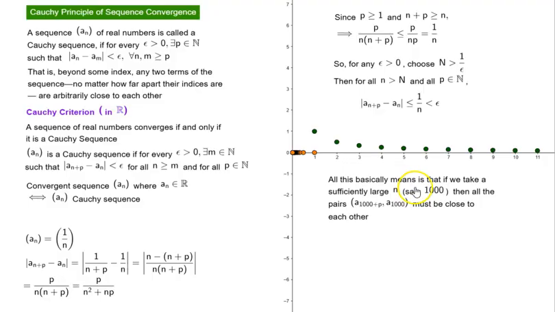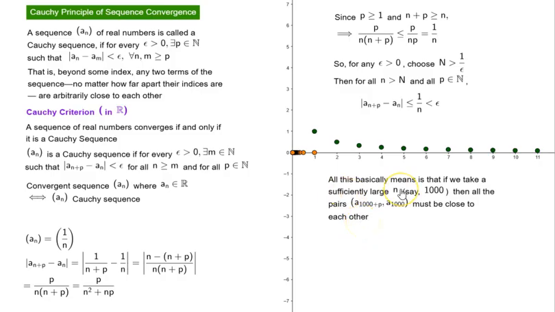All this basically means is that if we take a sufficiently large n, say 1000, then all the pairs a sub 1000 plus p, comma a sub 1000 must be close to each other.